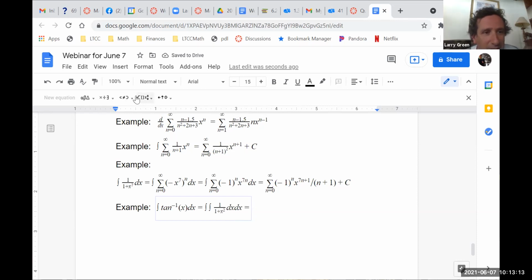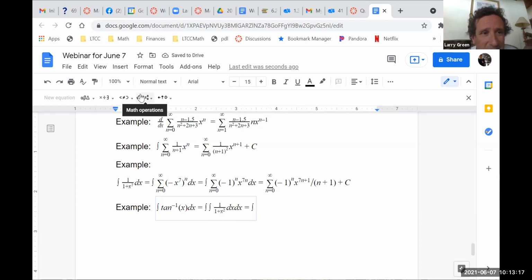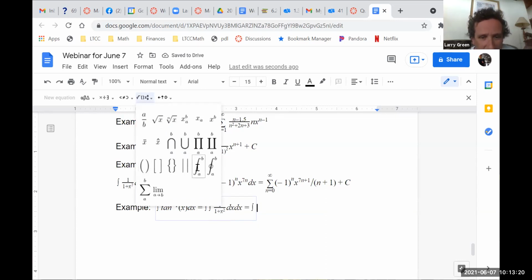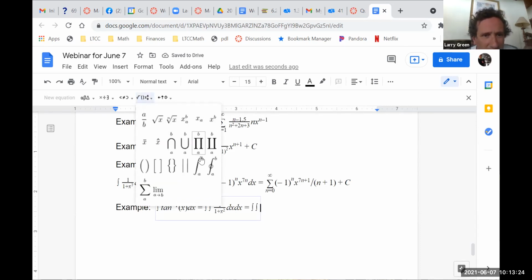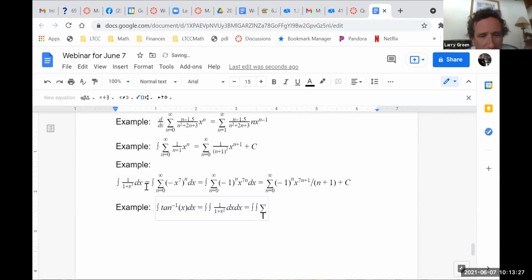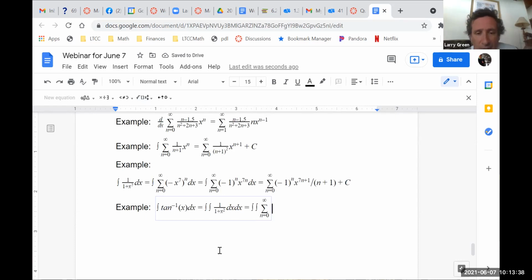So I'm going to write the integral, and then we can have a summation, n equals 0 to infinity, and this becomes negative 1 to the n, x to the 2n.